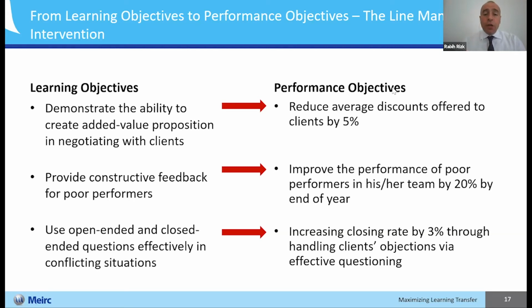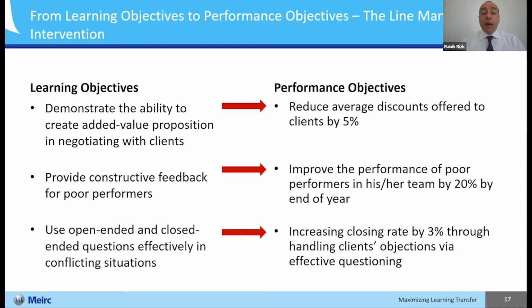And then at least they could get some practical advice from the subject matter expert who is delivering the training itself. So the first method to leverage the transfer from the learning to the workplace is the line manager intervention, transforming the learning objectives to performance objectives.